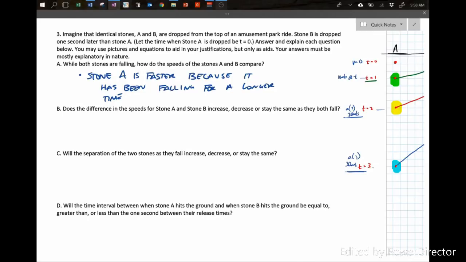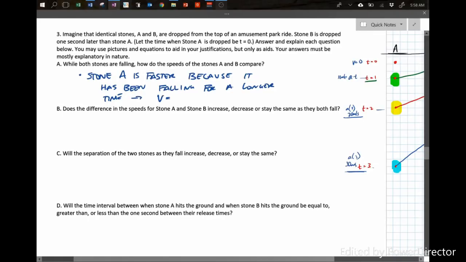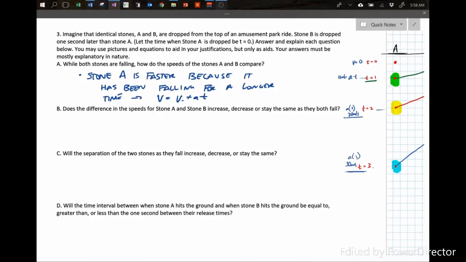Because it's been falling for a longer time, and velocity is initial velocity plus acceleration times time, it's going to have a higher velocity. It's going to be going faster. Ball B is always a second behind.